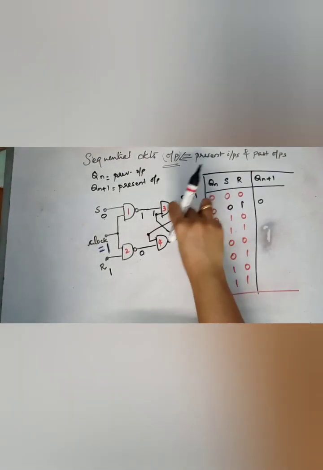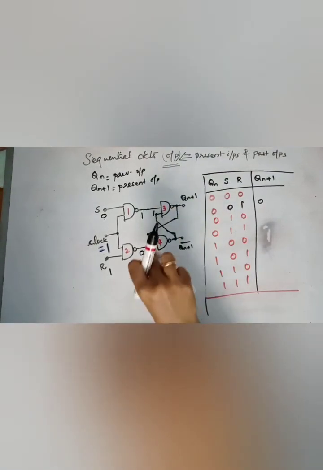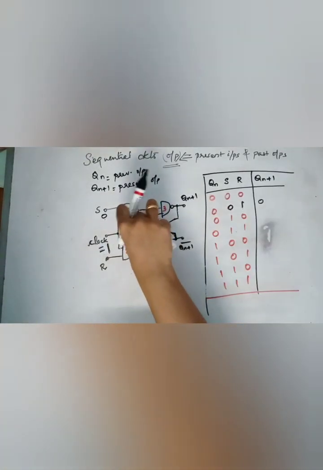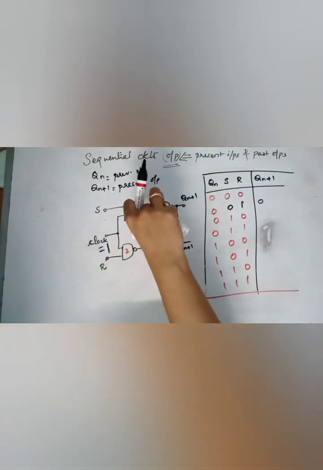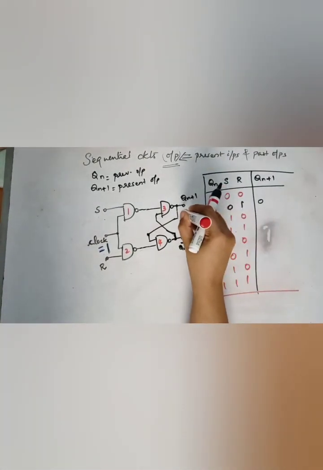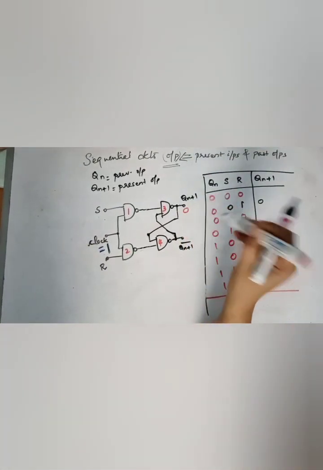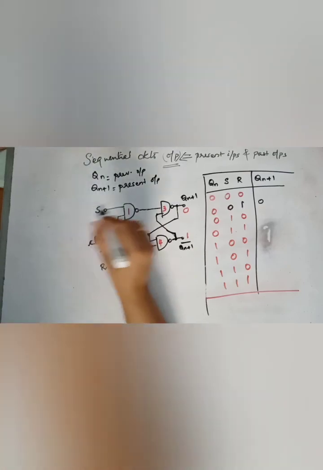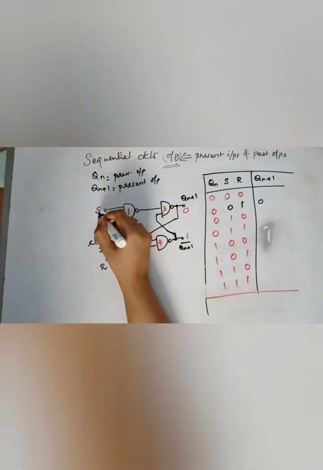Now I am changing the inputs. I am keeping the previous output, which is again 0. This is 1. I am changing the inputs to, say, I'll take the first case. Okay. 0, 0.